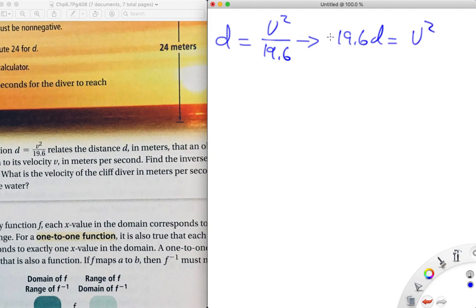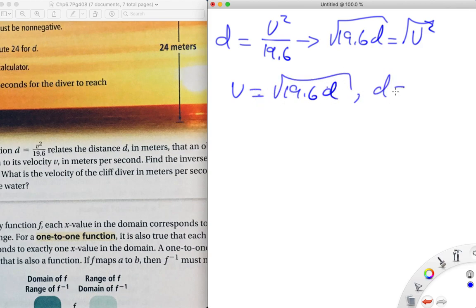Then I'm going to square root both sides. So my inverse is going to be that v is equal to the square root of 19.6 times d. And in this case, d equals 24. So how fast is this person going?